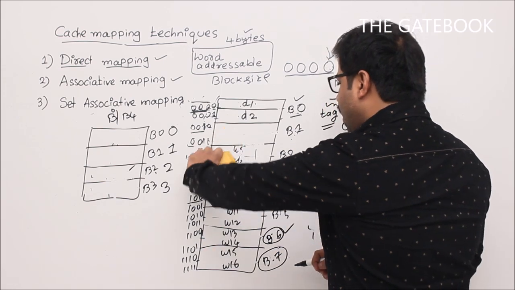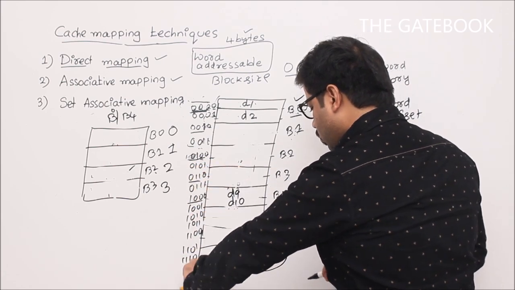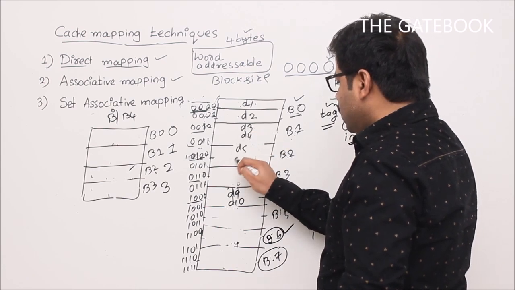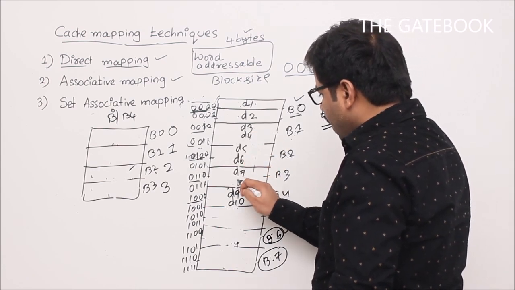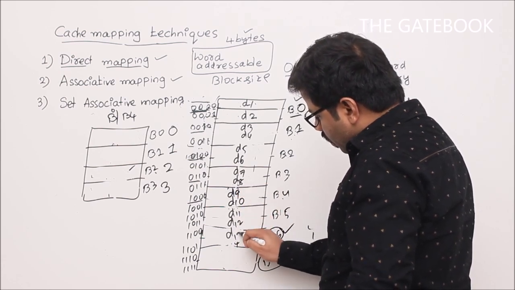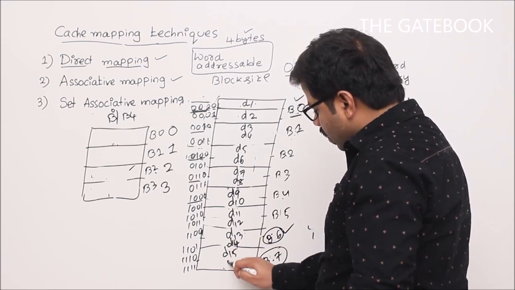Now similarly, let me write all the words: D1, D2, D3, D4, D5, D6, D7, D8, and in that way 9, 10, 11, 12, 13, 14, and let us take D15, D16.